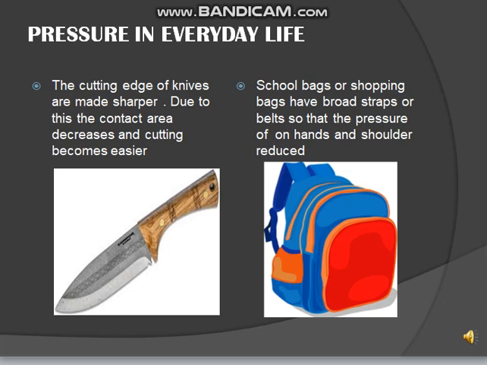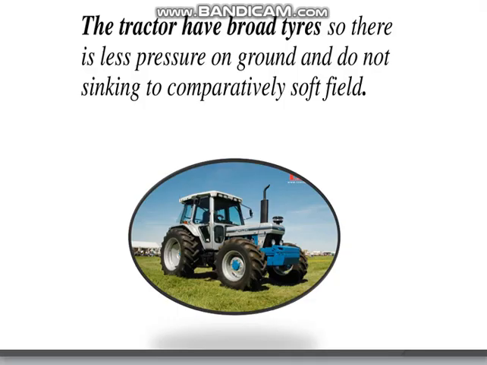We have some more examples related to our daily life. Tractor. You all have seen the tractor. Tractors have broad tires, so the pressure exerted by these tires will be reduced, and the chances of sinking into the soft field will be less. Now you all have seen the trucks also.